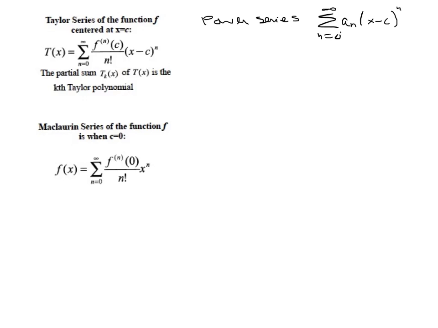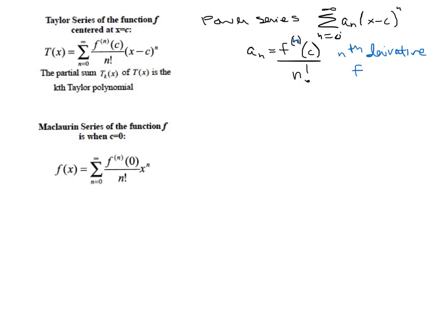So a certain type of power series is called a Taylor series, and this is a certain type where the a sub n's are of the form the nth derivative evaluated at c all divided by n factorial. So clarification here, this nth value right there, that is the nth derivative.